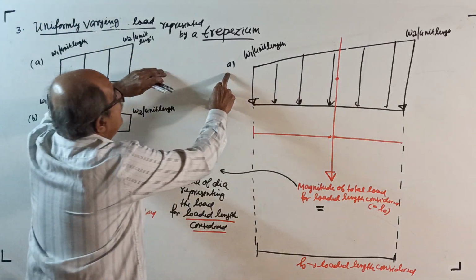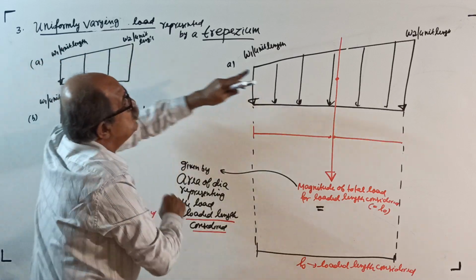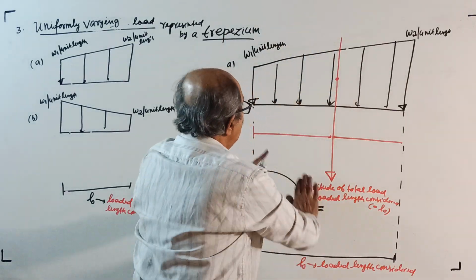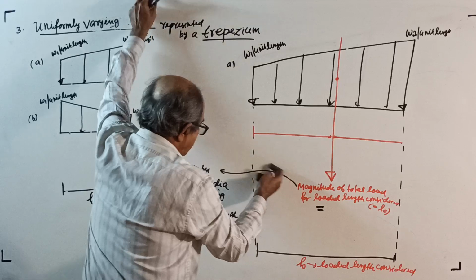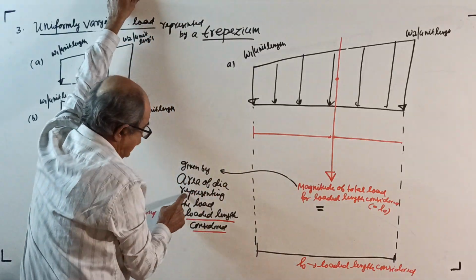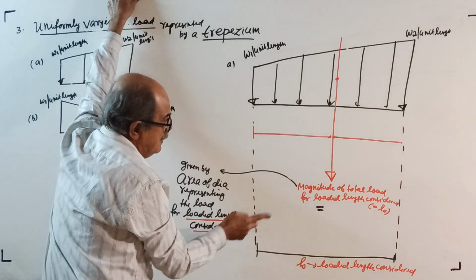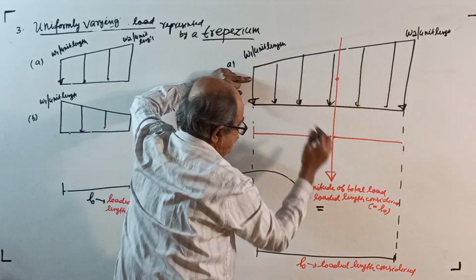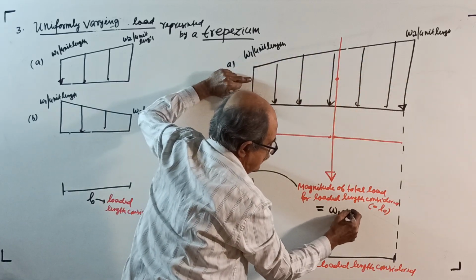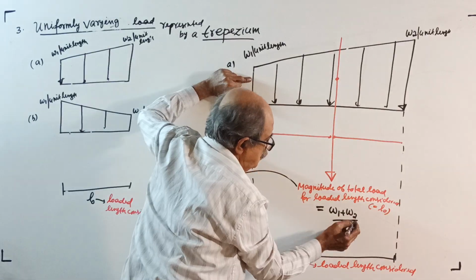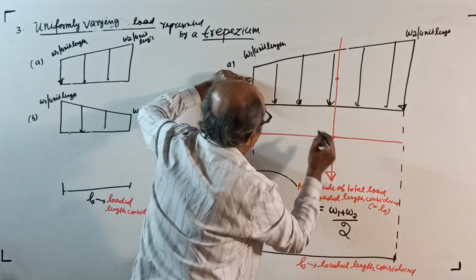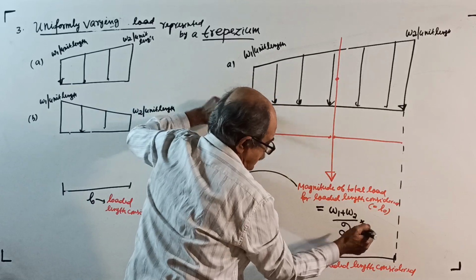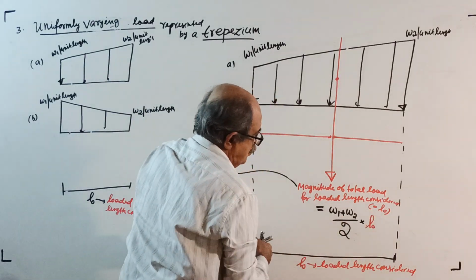So, for the loaded length considered, this is the variation. Start: W1 per unit length, W2 per unit length. First you require the total load, which is given by the area of the diagram representing the load for the loaded length considered, L0. It equals the sum of the two parallel sides divided by 2, into the distance between the two parallel sides, that is L0.